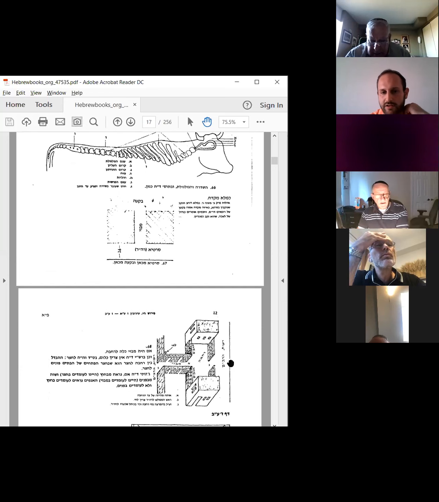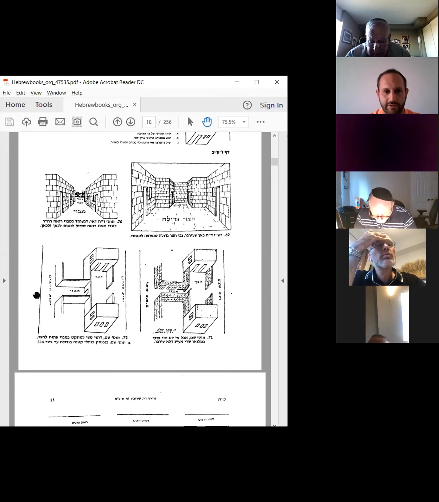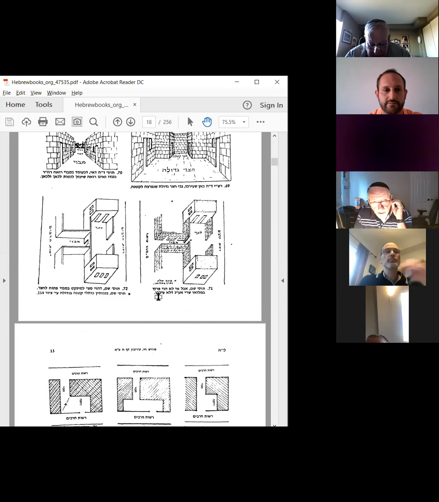Mavoi goes straight on through and then straight on into the chatzer. Here we go, here we've got Rishut Rabin, Mavoi, Chatzer, Rishut Rabin, straight through. Okay, nothing blocking you. So the question is, what are we doing in that case?